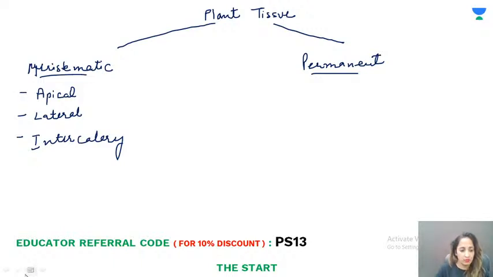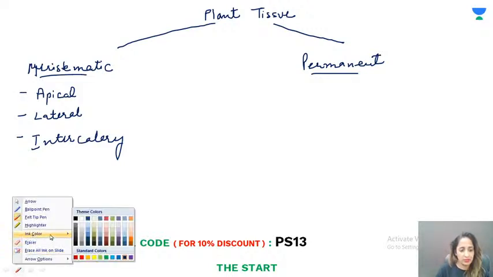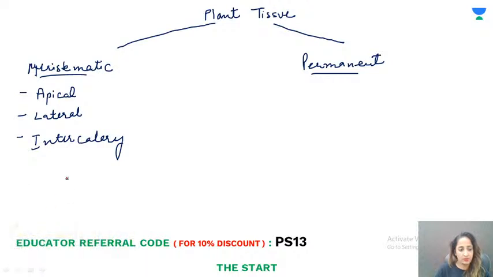Okay, so this particular sheet will tell you a flow chart kind of a thing. I will be explaining all these in my upcoming slides, but this one is a quick flow chart kind of representation of things. Under permanent we have further two classes: simple permanent and complex permanent.